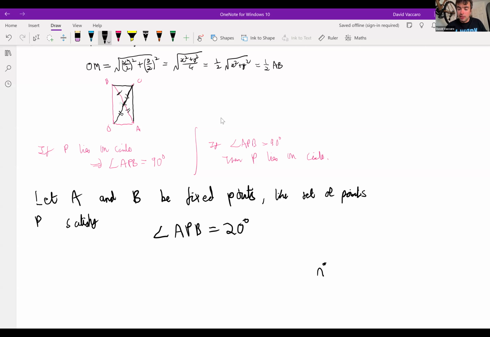Okay, so here's A, here's B. And P is any point where the angle APB is 20 degrees. And the question here is, what would the locus be? Again, there would be two parts to finding the locus. One, finding a set of points such that every point on that set satisfied this condition, and then showing that every point that satisfied this condition lies on that set.